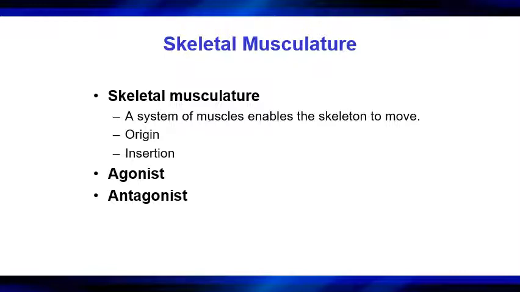What you don't want is for the synergists to become the prime movers. If the synergists become the prime movers, then there's likely some weakness or a problem with that. So it's really important to make sure the synergists are working as muscles that assist and control the movement, and that they're not the muscles essentially doing the movement for you.